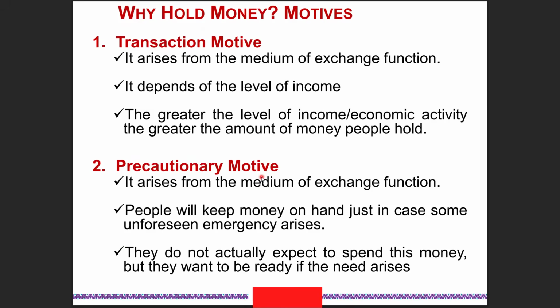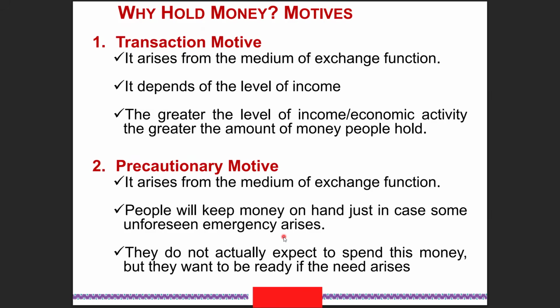So, for example, you obviously carry money for emergencies and unforeseen circumstances. If someone gets sick, then you have to use that money. But another example is when you're going to a shop like Mr Price, and maybe you had budgeted to use 700 rand and you are carrying 1,000 rand.